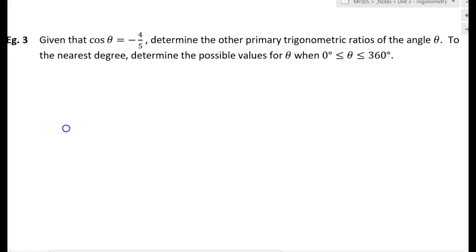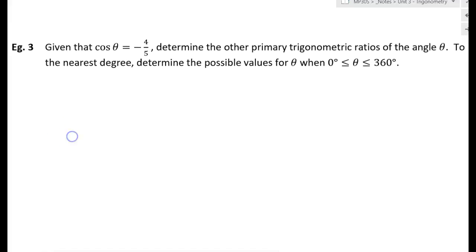Looking down here, you're given cos theta equals negative 4/5. So again, we're looking at cosine being negative in quadrants 2 and 3, because it's positive in quadrants 1 and 4. But I'm first going to find my reference angle. And so I drop that negative in order for it to work, because my reference angle is always in quadrant 1. So it's always going to be positive values.